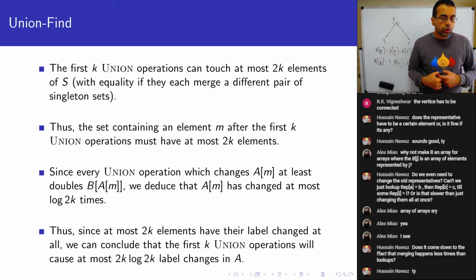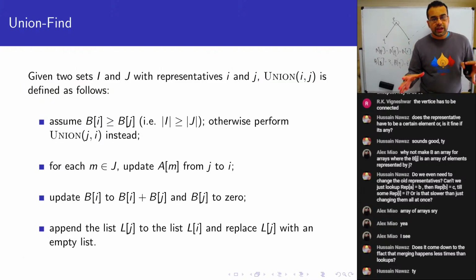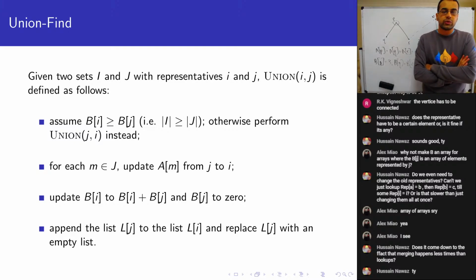Which means that the total, so if we flip back for a sec, in the first k union operations, those last 2 dot points each take constant time for each of the k things. So the total time spent in the last 2 dot points is theta of k. That's obvious. But we've now proven that the total time spent in the second dot point over all k of those operations is bounded by k log k, or rather 2k log 2k. So the total time taken by the first k union operations is indeed big O of k log k as required.